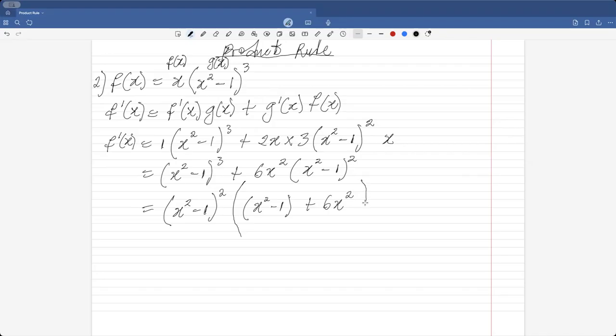So if we open the parenthesis again, you will get something of this nature. So this is my final answer here.